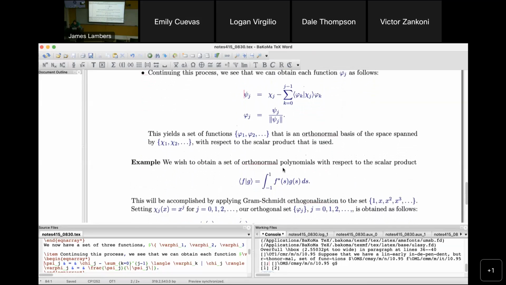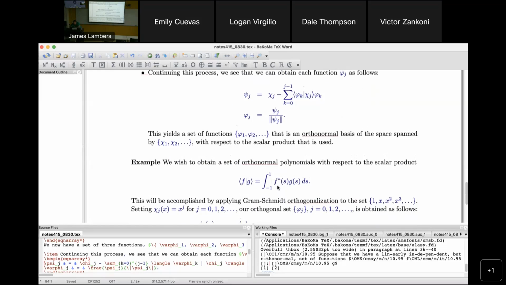All right. So here's an example. The scalar product of f and g is the integral of f conjugate times g, integrated from -1 to 1. Remember, star means complex conjugate. It's using a textbook convention.